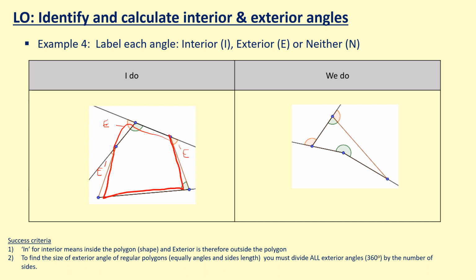And now the green ones that we can still see, those two inside would be interior. So nice and easy still. Pause the video, have a go at the we do, please. Okay, so you have 2 interior and 1 exterior. Well done for getting these, and make sure you're making corrections on this if you need to.